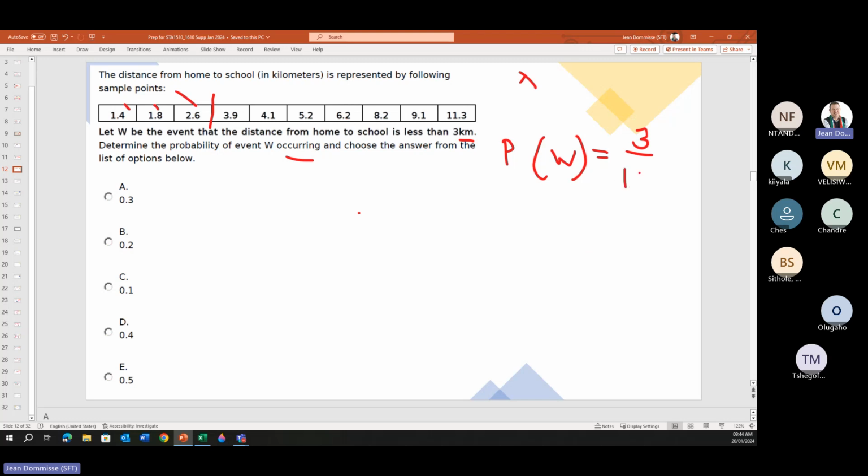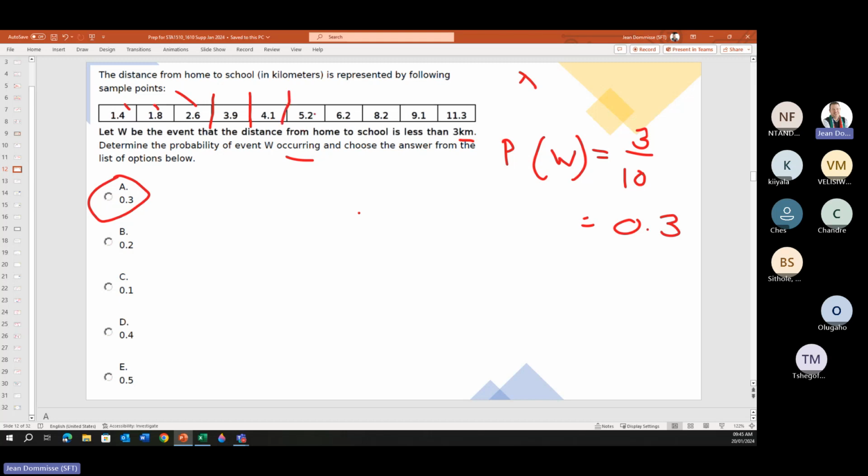Okay, so this one was actually nearly straightforward. The probability of less than 3 is then 0.3. Less than 4 would have been that one added, so it would have been 0.4.